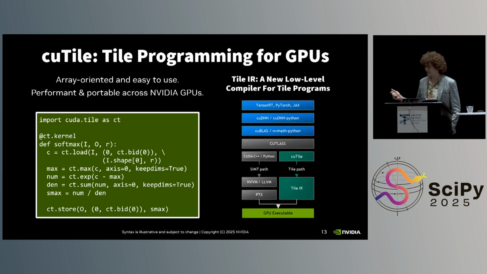And cuTile is built on top of TileIR, which is a novel, low-level compiler stack and intermediate representation for tile programs that we've developed. cuTile Python kernels are JIT compiled to TileIR using an execution model that allows the code to be executed without the need for a Python interpreter, similar to Numba's no Python compilation mode. And all of this will be released soon.